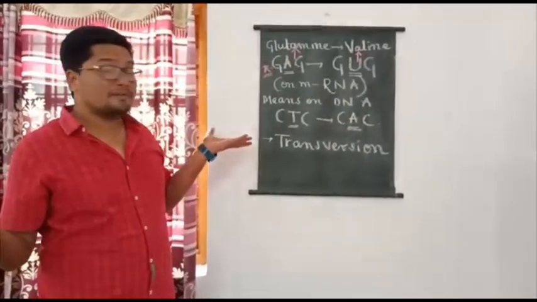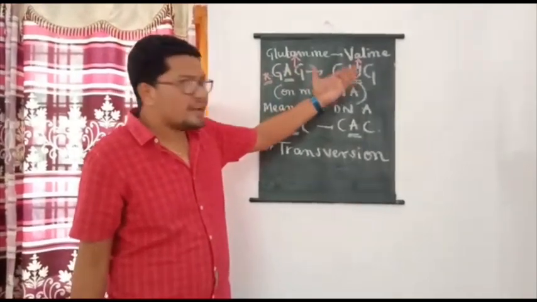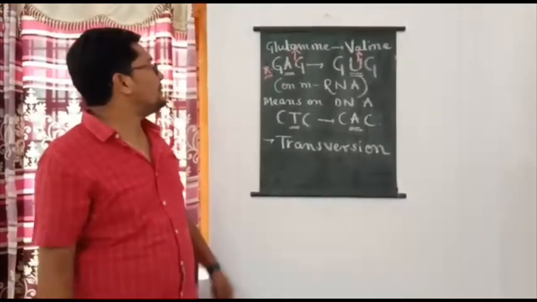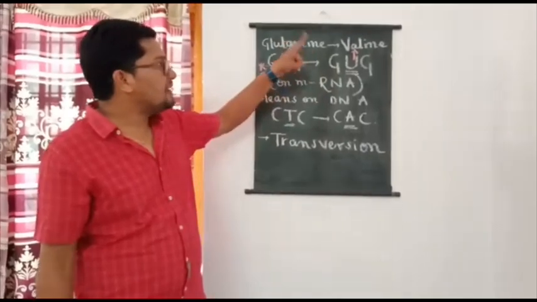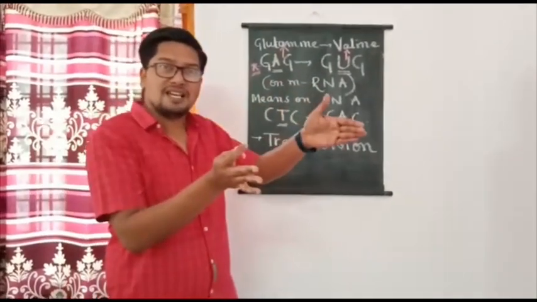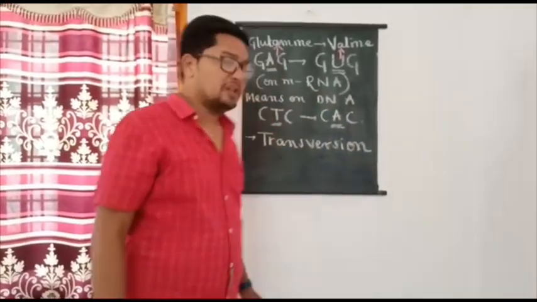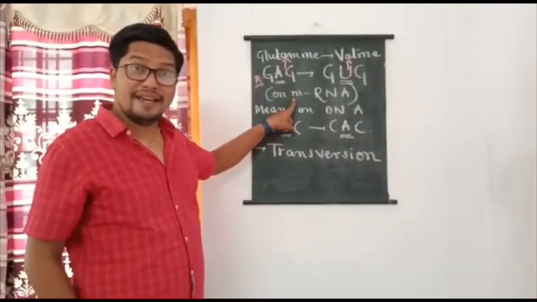That's why when on mRNA, GAG is replaced by GUG, in the beta chain of the hemoglobin, what happened? Glutamine is replaced by valine, which caused the change in the shape of RBC from biconcave to sickle shaped. So it is very clear, the change is happening on mRNA, I said.